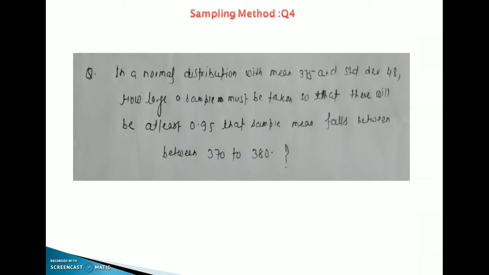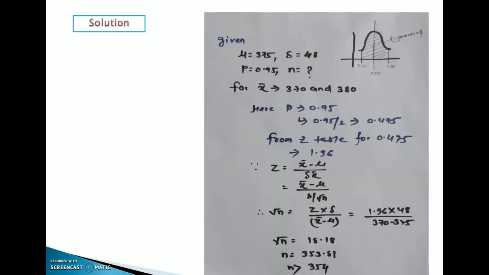Now let's see one other problem. In a normal distribution with mean 375 and standard deviation 48, how large a sample must be taken so that there will be at least 0.95 probability that the sample mean falls between 370 and 380.